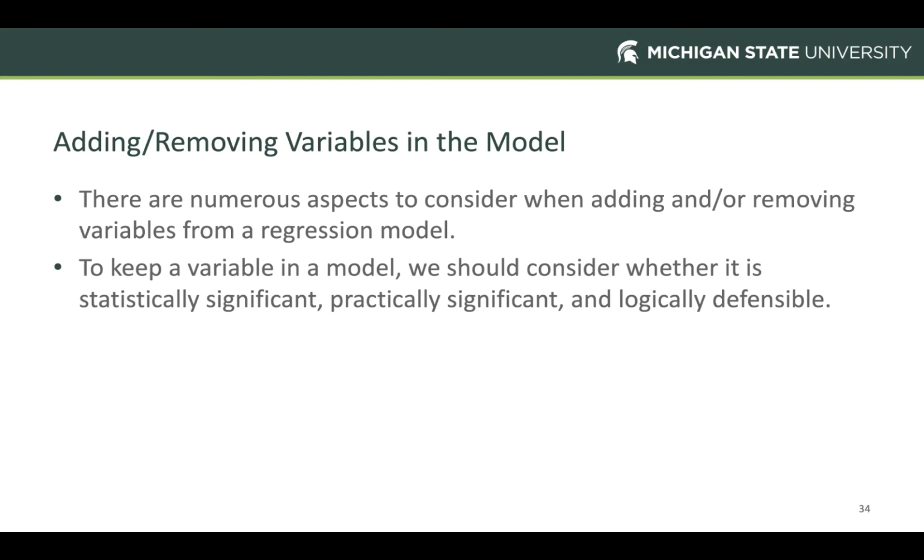And then lastly, we want our results to be logically defensible. So if we think about, say, a significance level of 0.05, we're establishing a priori that we're willing to accept 1 out of 20 variables we find to be statistically significant is by mistake in effect, okay?